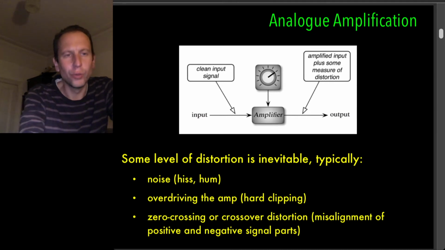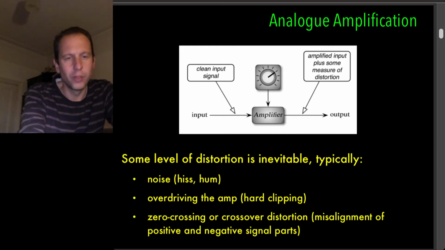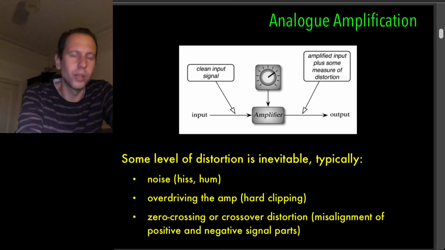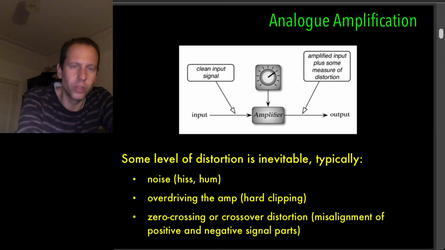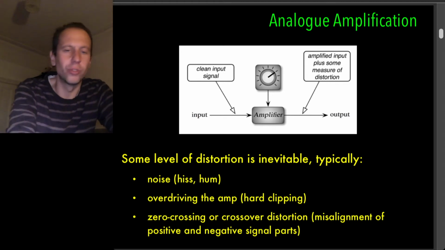And if you use the term distortion more broadly, then you typically include things that are anomalies otherwise. So things like noise, which is inevitable in electronic circuitry, hiss, hum, these things can also be considered distortion.